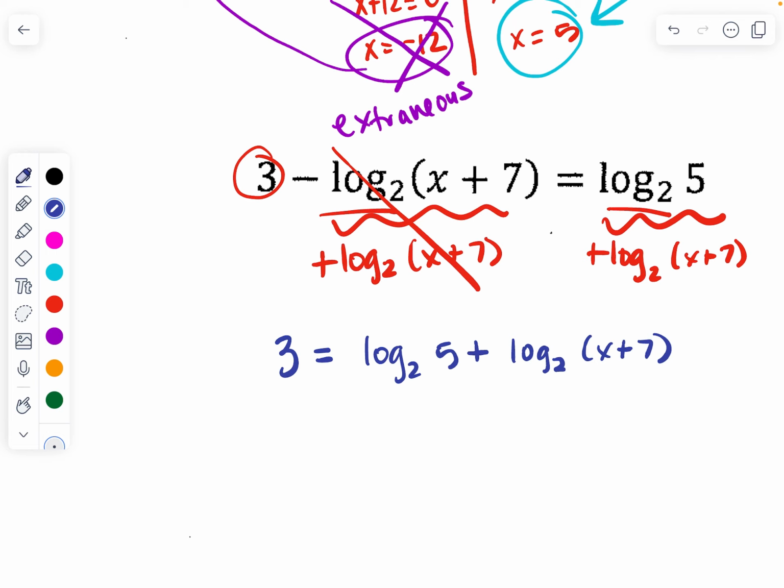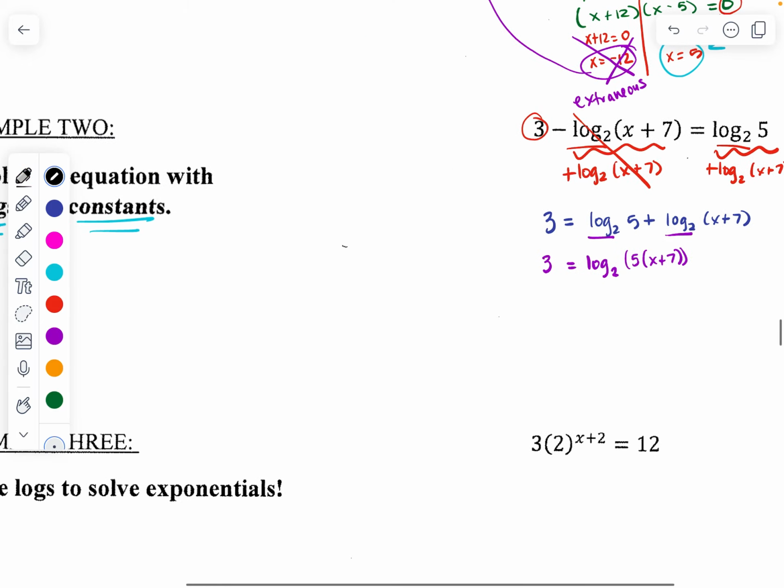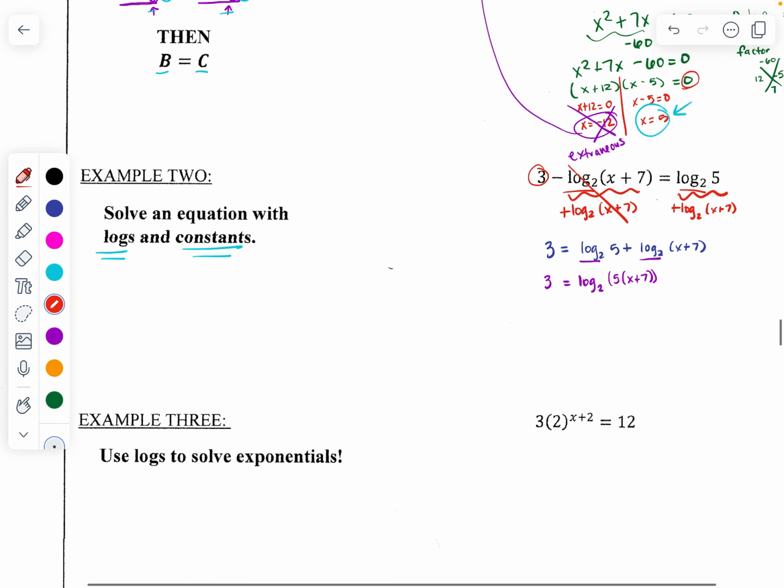So just like on the previous example, I have two same base logs. I can use the product rule and rewrite this as simply one log, and this becomes 5 times x plus 7. So now to solve this, I need to get rid of that log. We're going to remember that we can use the identities of logs.